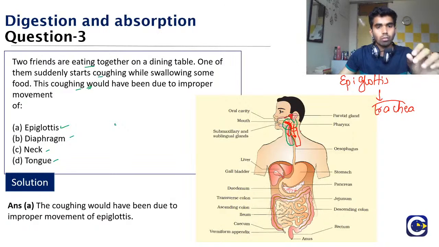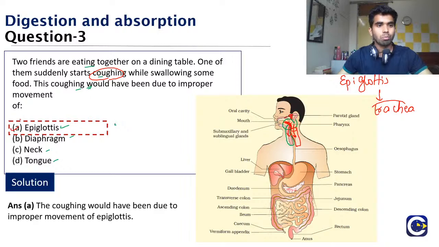So while talking the trachea is open, and that is why some of the food will pass into the trachea, and to prevent that it will initiate a coughing reflex and you will cough. That is why it is said that we should never talk while having food, and hence the answer here is option A, that is epiglottis.